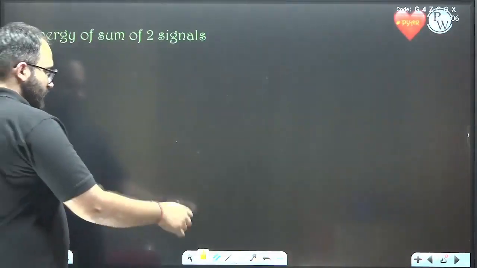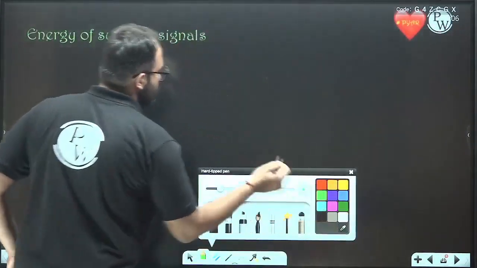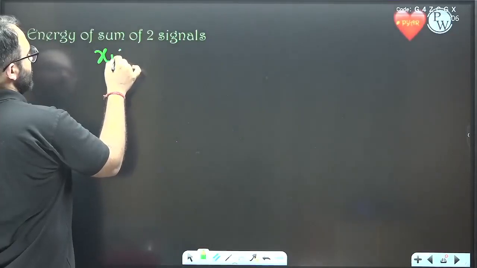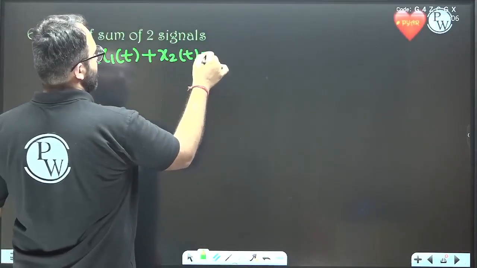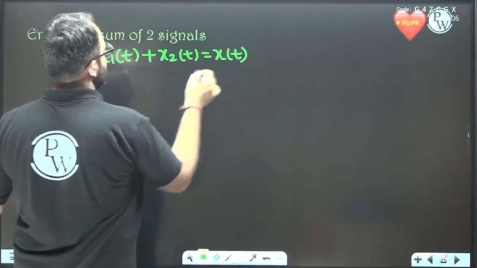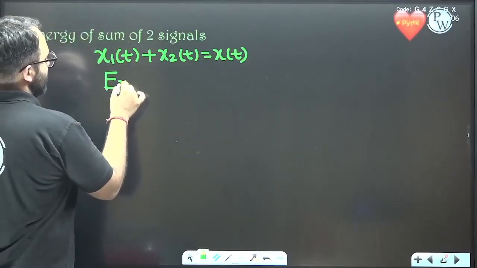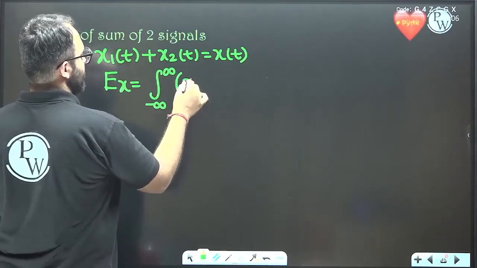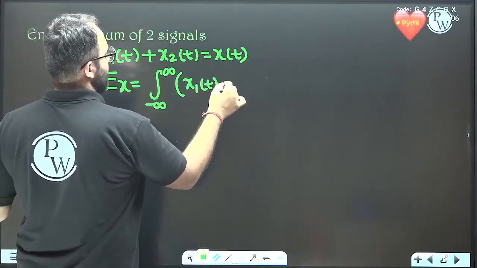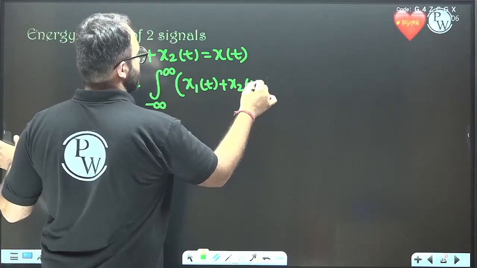Okay, now the sum of two signals. Suppose we have two signals, x1(t) plus x2(t) is equal to x(t). Now we have to find the energy of x(t). The energy of x(t) will be the integral from minus infinity to infinity of x1(t) plus x2(t) whole square.